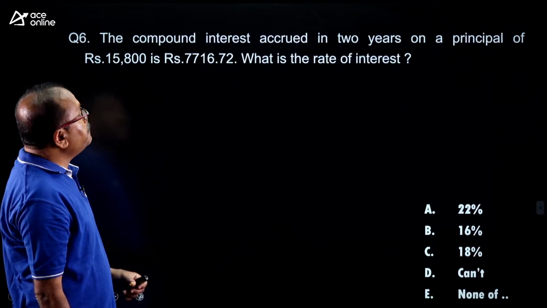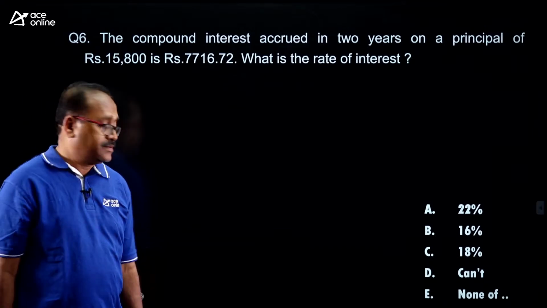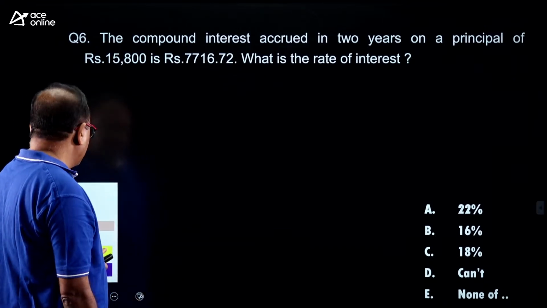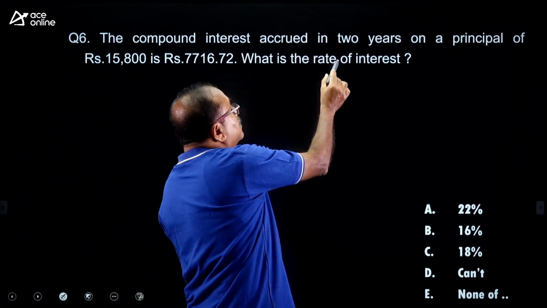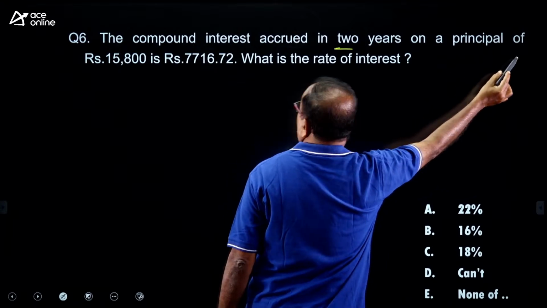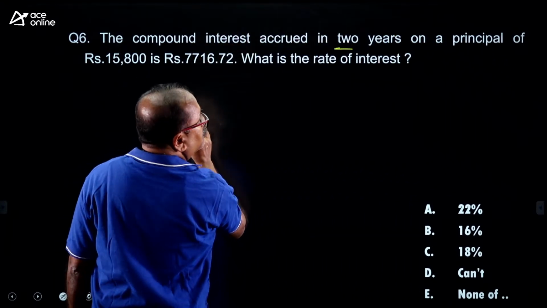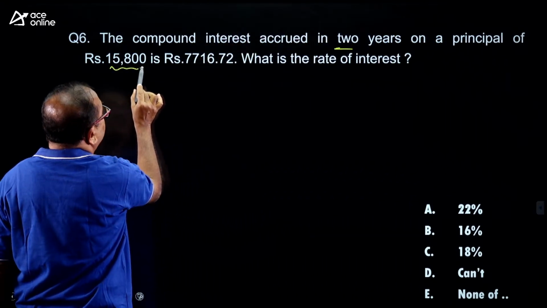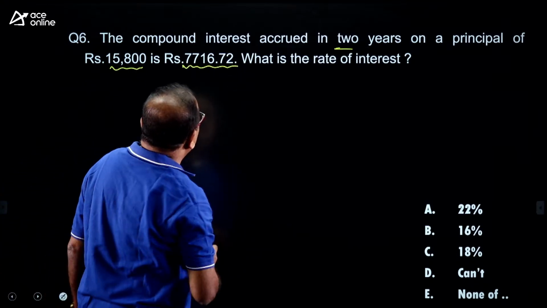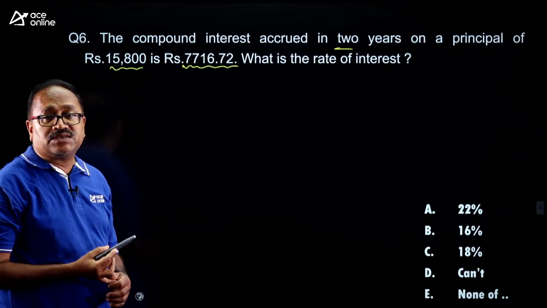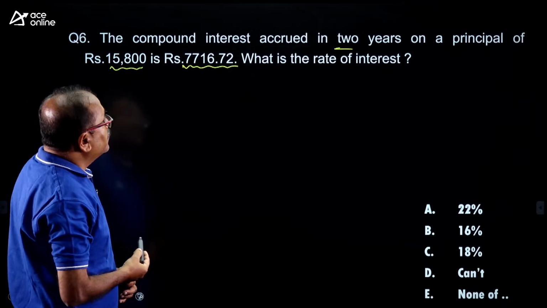Take your next question as this. Let me read it out. The compound interest acquired in 2 years on a principal of 15,800 is rupees 7,716.12.